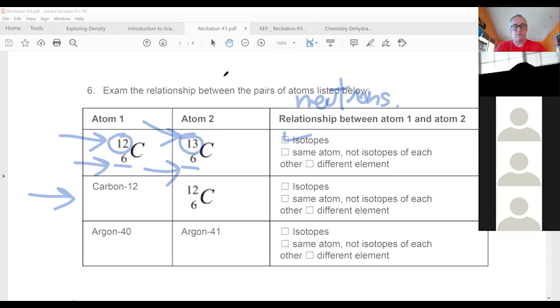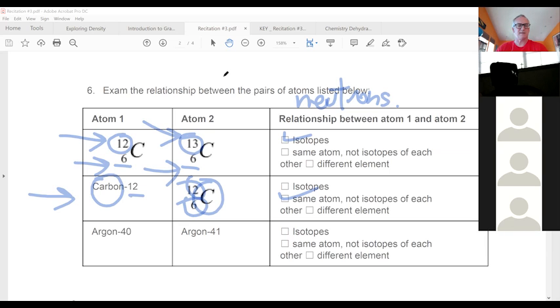I put same atom. Yeah, they're exactly the same. They're both carbon, which means they both have 6 protons automatically. And this one has a mass of 12. This one has a mass of 12. They're exactly the same. Excellent.